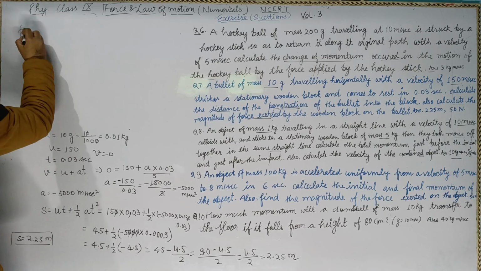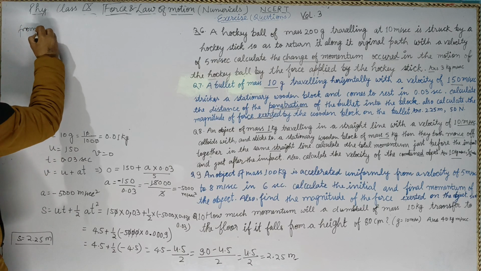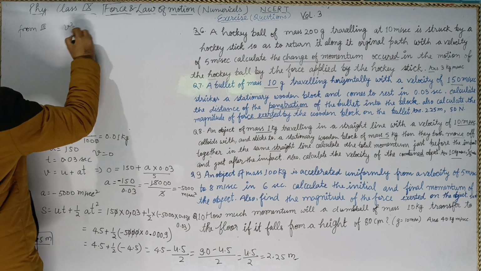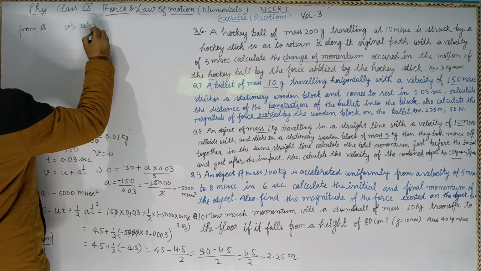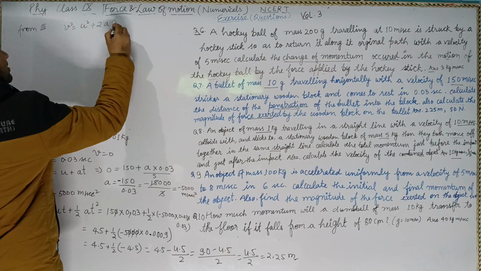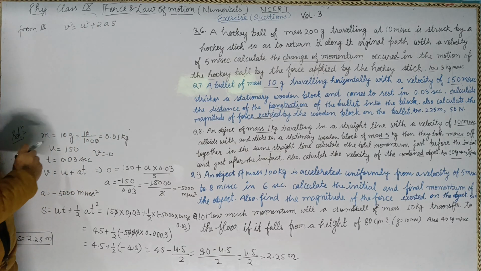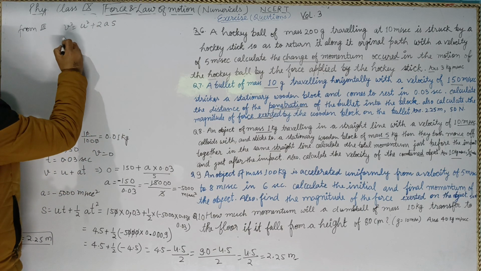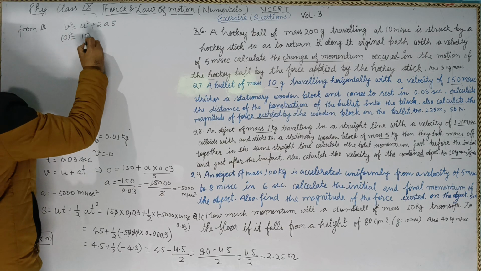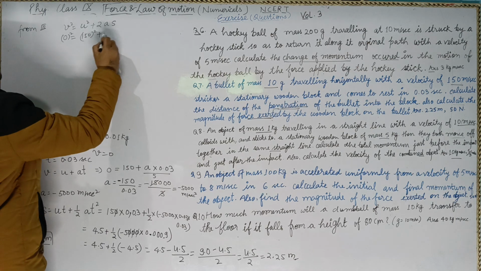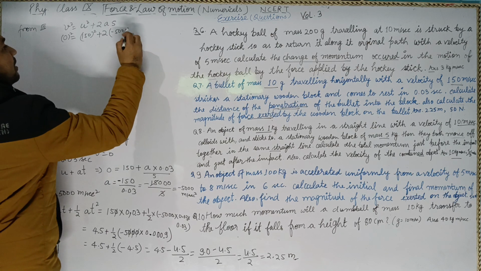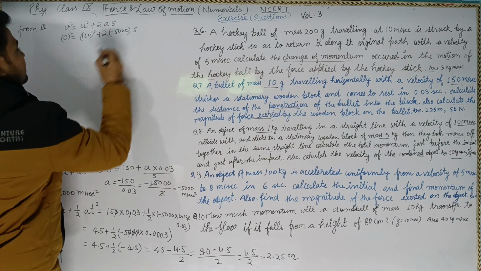The third equation of motion is v square equal to u square plus 2as. We put the values: final velocity is 0, equal to 0 square plus initial velocity 150 square plus 2a, which is minus 5000, into s, which we have to find.